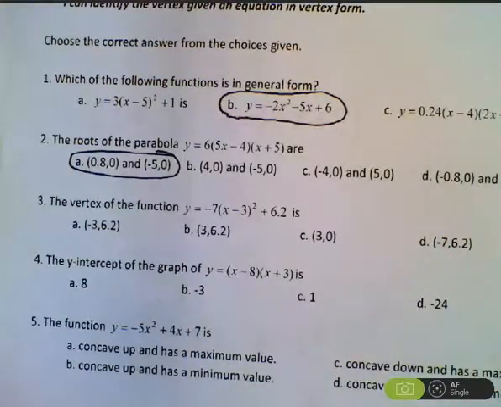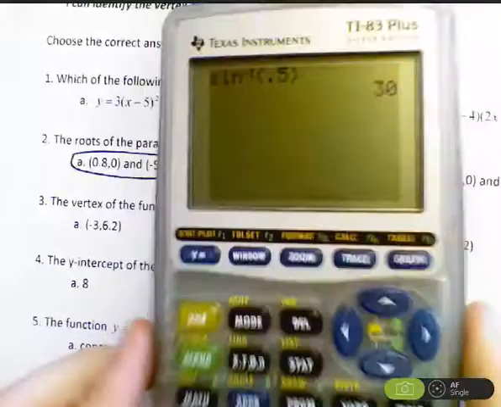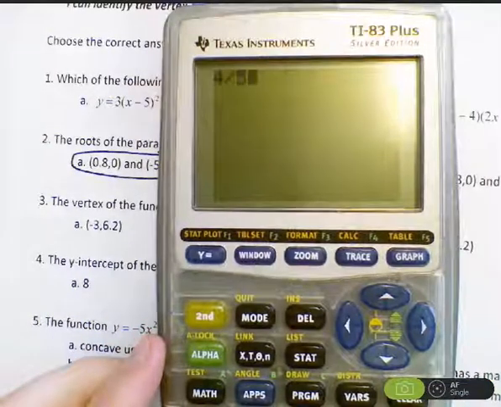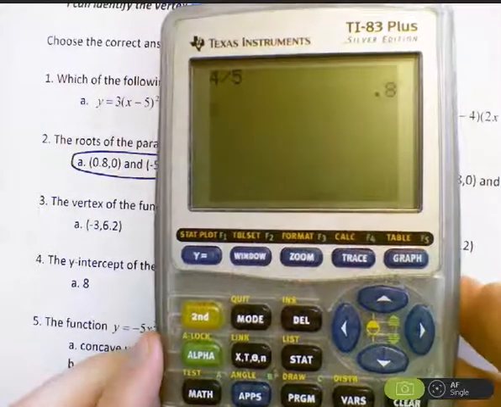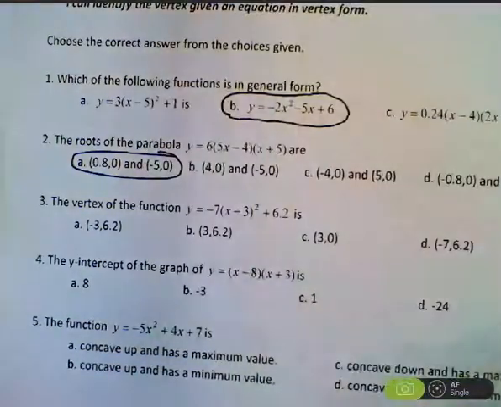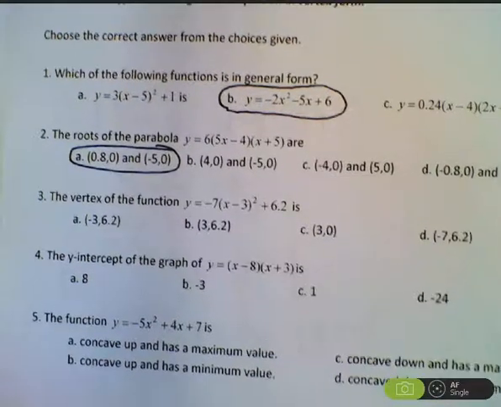Or excuse me, it's going to be option A. The reason we know that is if you take your calculator and type in 4 divided by 5, that gives you 0.8. So we know that 0.8 is the same thing as 4 over 5, which is one of the roots that we found. So let's move on to number 3.